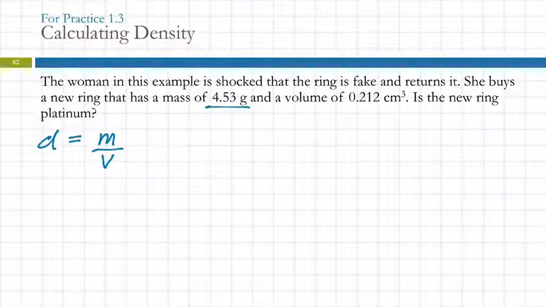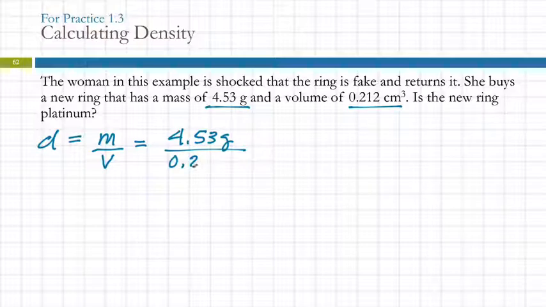Well, here we have the mass, and there we have the volume. So I'll put the mass in for M, and dividing by the volume, I'll do the math. 4.53 divided by 0.212.